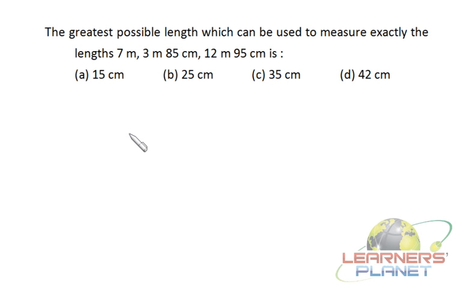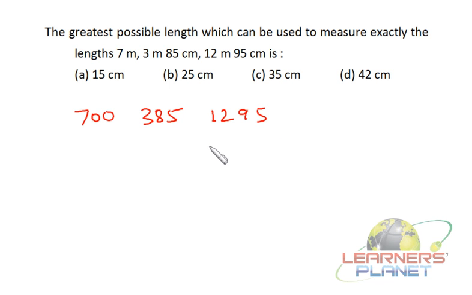Now let's see this problem. The greatest possible length which can be used to measure exactly the lengths 7 meter, 3.85 meter and 12.95 meter is. That means we have to find out the highest common factor of these three numbers, that is 700. I'll just convert them to centimeters, then it is 385 and it is 1295.